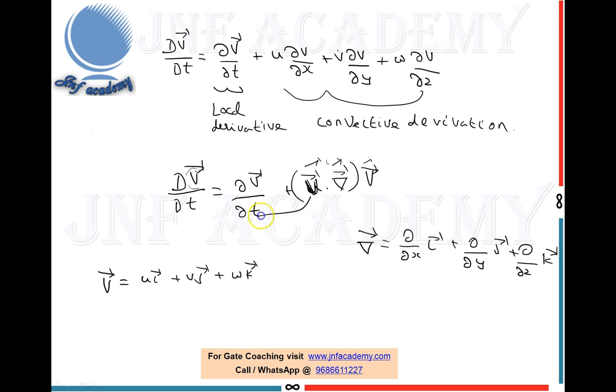The V vector that I mentioned here is a vector, not just one velocity component. It will have x component u, y component v, and z component w. Okay, so like that it will go.